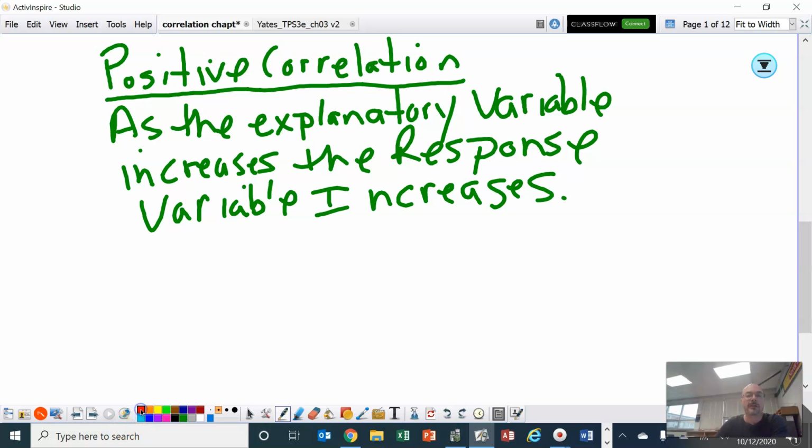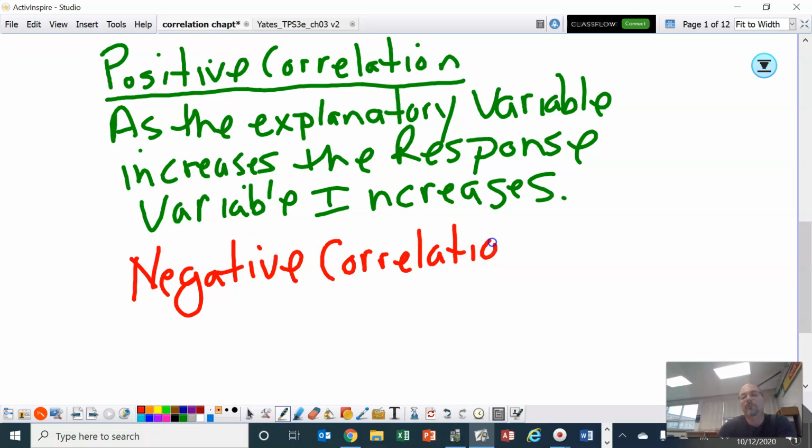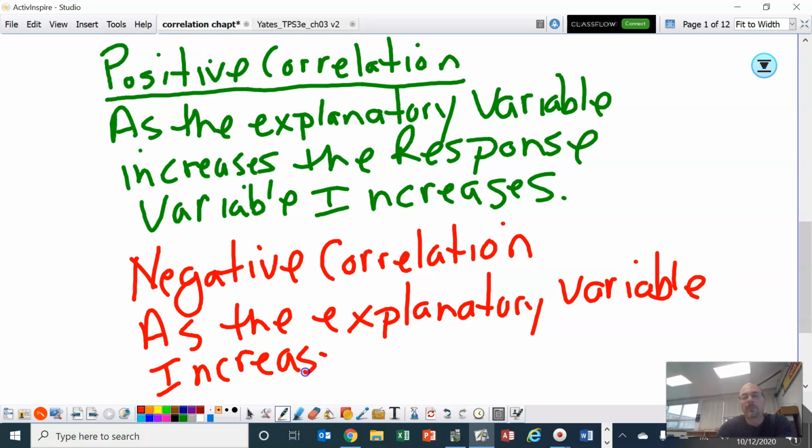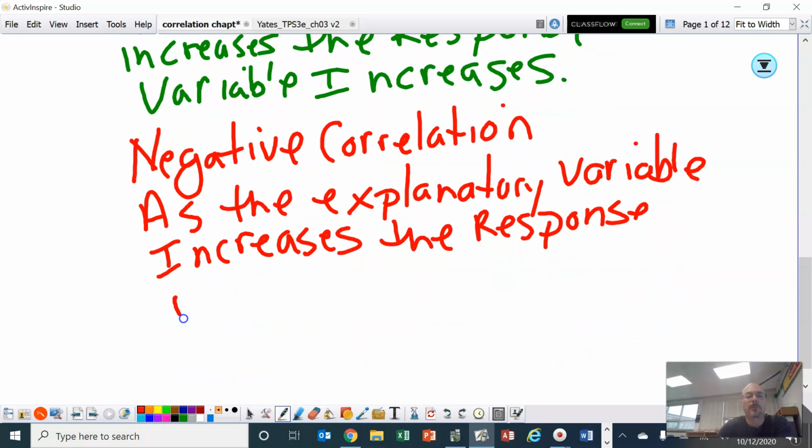For a negative correlation, as the explanatory variable increases, the response variable decreases.